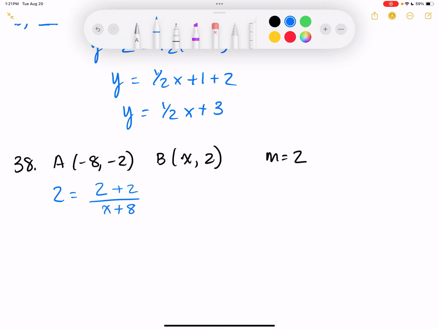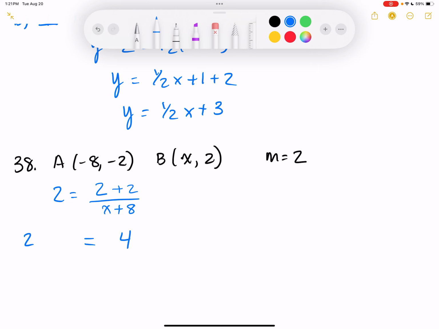So we can add those 2's that are on the top there. And we write the 2 that's on the left. Then we put the x plus 8 underneath that 4.